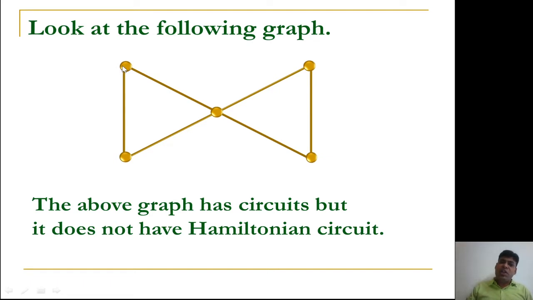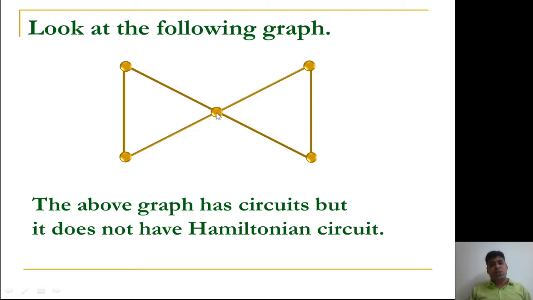We can see this graph as 2 parts: a left-hand side triangle and a right-hand side triangle. If you start at any vertex of the left triangle and want to traverse and cover all the vertices, you have to move on to the right triangle. And once you move to the right triangle, you need to come back, and when you want to come back, you have to pass through this middle vertex twice, which is not possible.